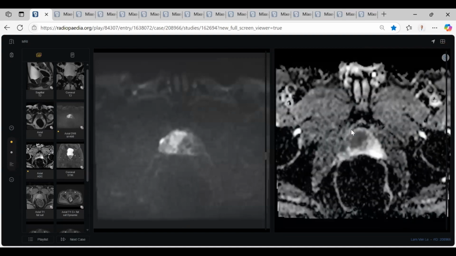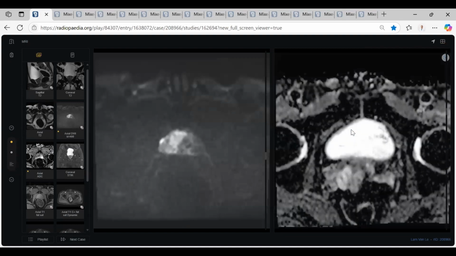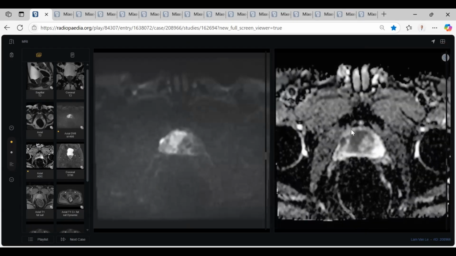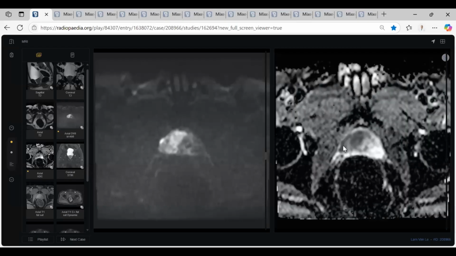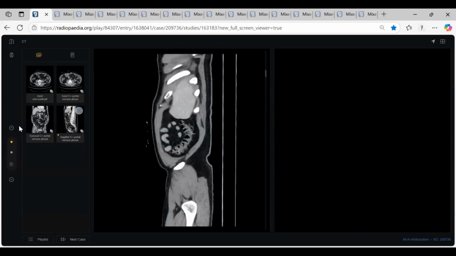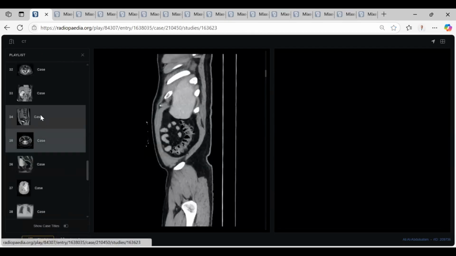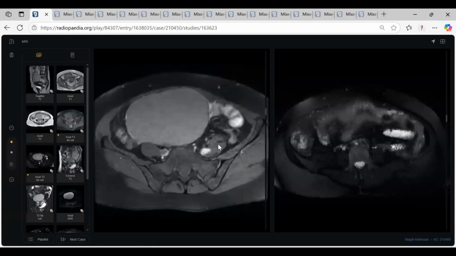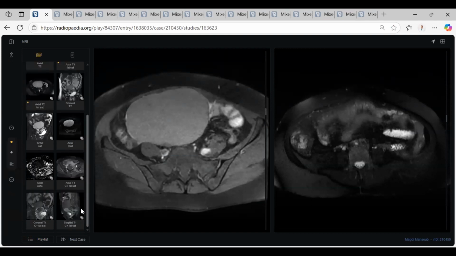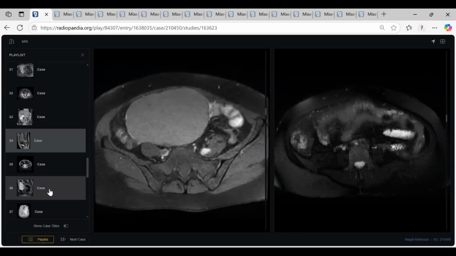What I'm talking about is practical. Look at the ADC here. If you find any diffusion, any low ADC, compare with diffusion: low, high, then low. Then you will see this one.